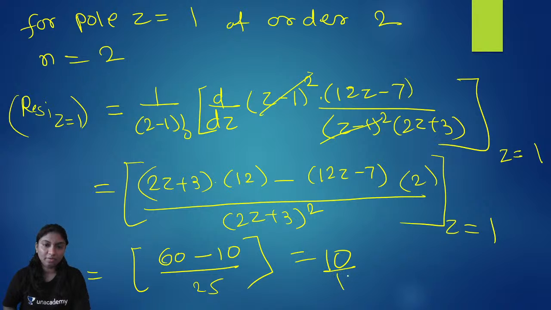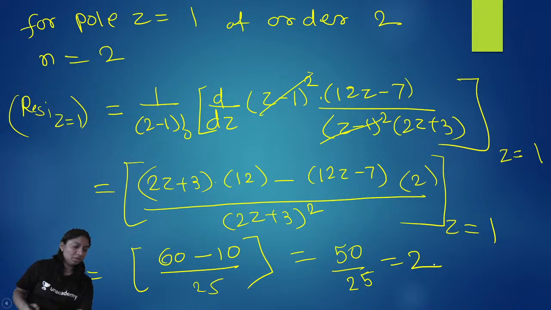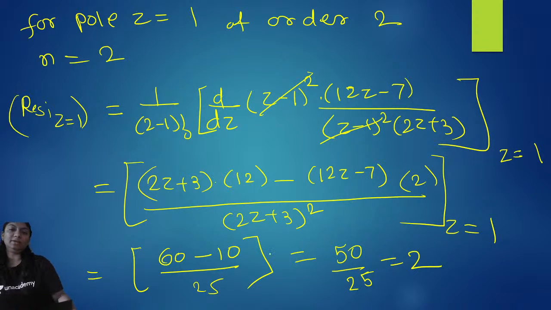That is, we get the residue at z is equal to 1 is 2.